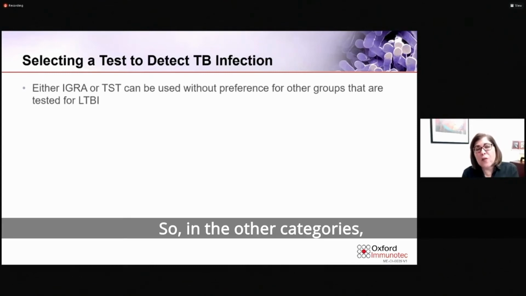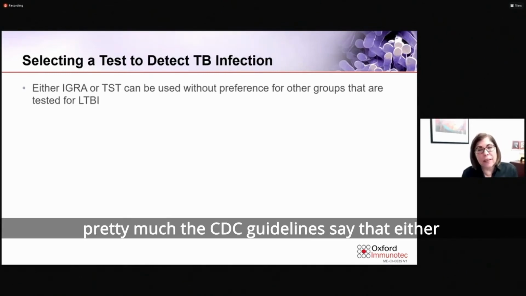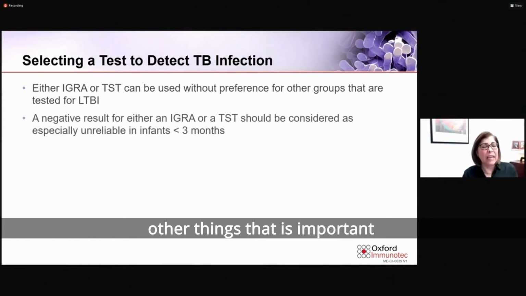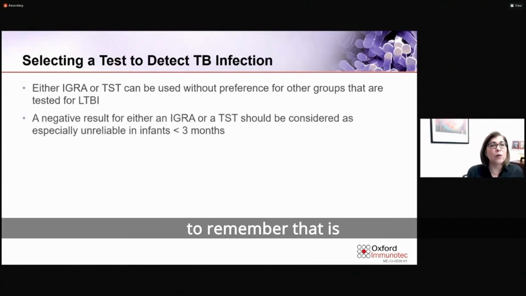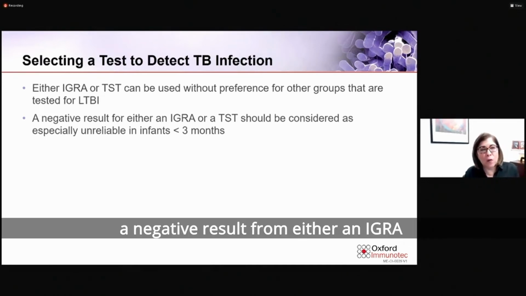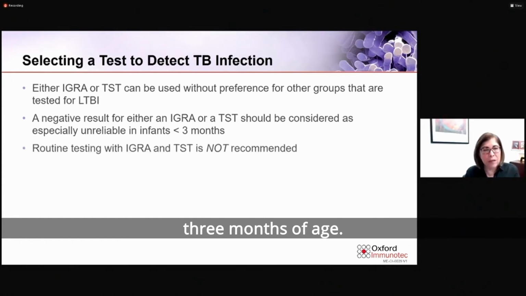In the other categories, pretty much the CDC guidelines say that either IGRA or TST can be used. Another important thing to remember is that a negative result from either an IGRA or a TST should be considered unreliable in kids less than 3 months of age.